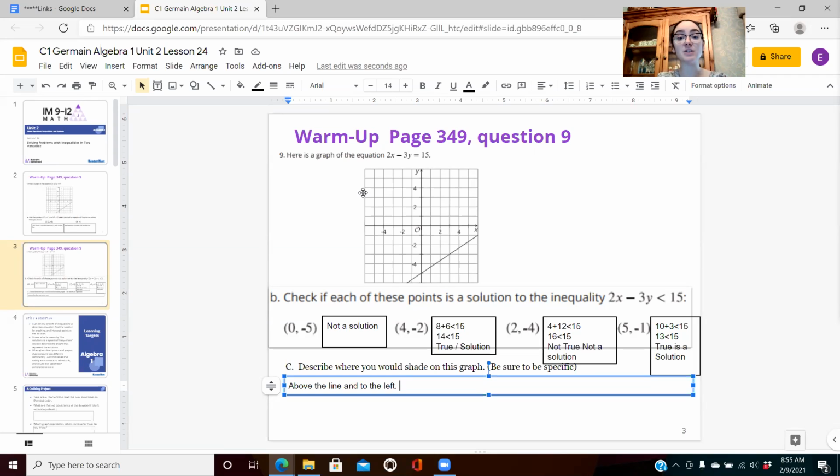Okay, does that make sense, you guys? The only way that you can say to the left of the line or above the line or below the line is if you have a vertical or horizontal. Once we move into diagonal equation lines, you need to give me 2 directional indicators, above and to the left, okay?